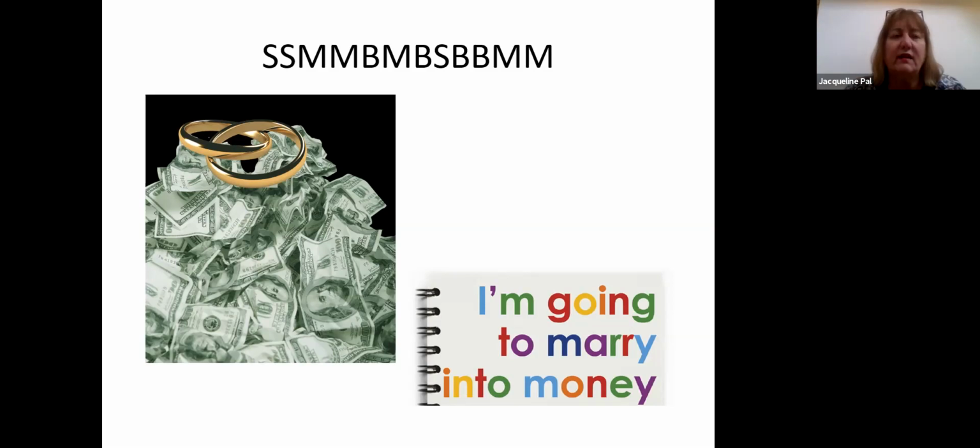So here's the mnemonic. SS, some say. MM, marry money. Okay. Get the idea for the graphics now. So some say marry money. B, which means it's both, sensory and motor, but my brother says.